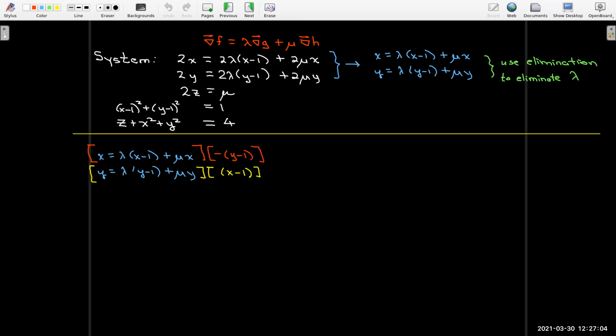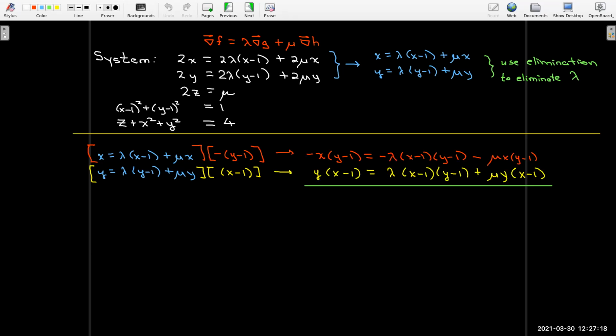Well, if I start out here and I multiply the top by negative quantity y minus 1, multiply the bottom by just parentheses x minus 1, then I see that in the top equation, I have negative lambda, parentheses x minus 1, parentheses y minus 1, and I'll have positive lambda, parentheses x minus 1, parentheses y minus 1 in the bottom equation. And so when I add them, I'll get a new equation which does not have any lambda in it.